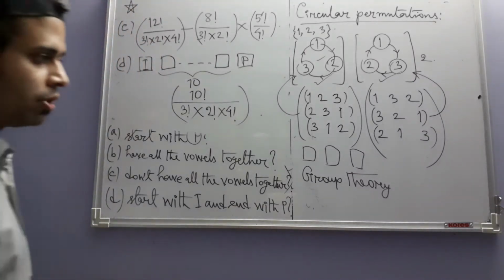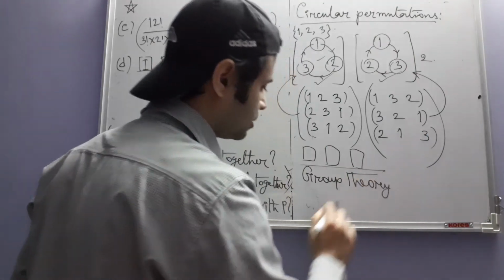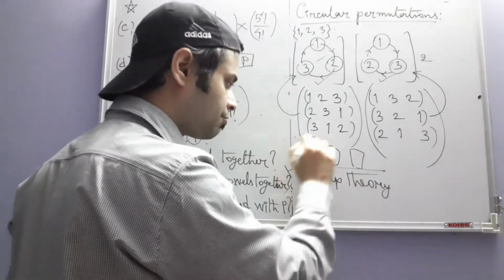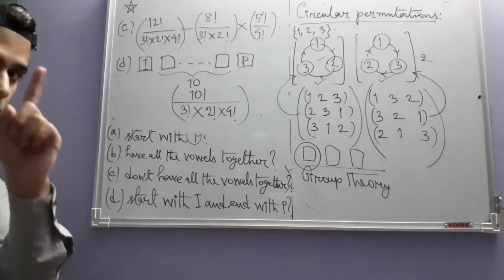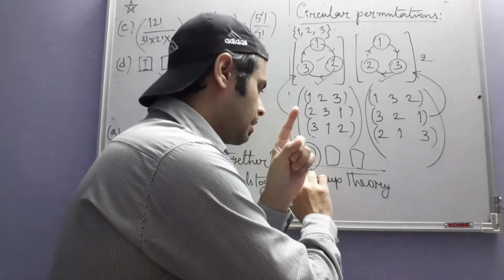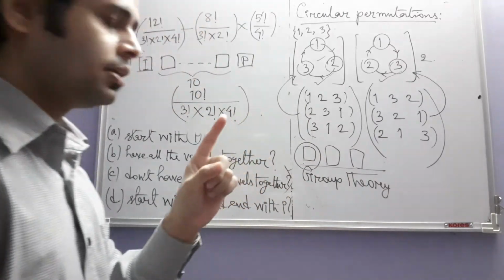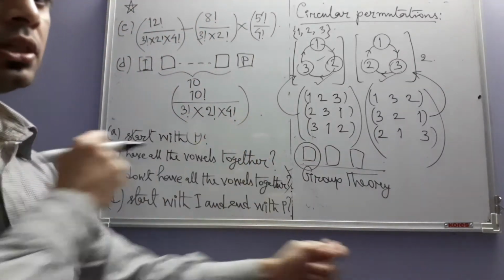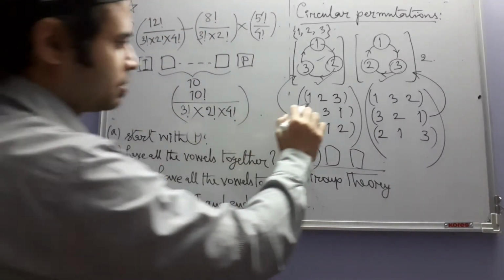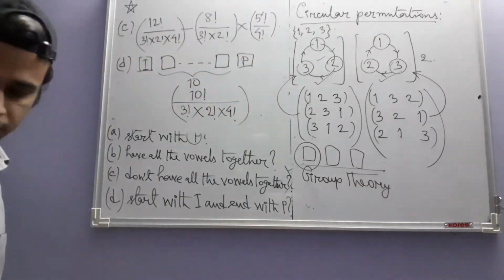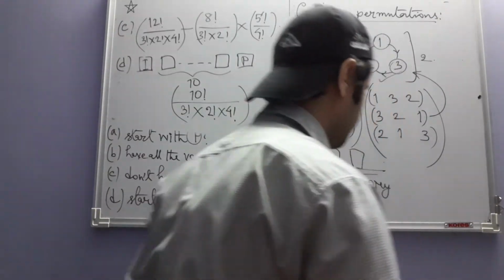You see, when we consider linear permutation, there is a first object, provided we are deciding to go from this side to that side. You see, we are not switching the order. Let me elaborate a bit more.